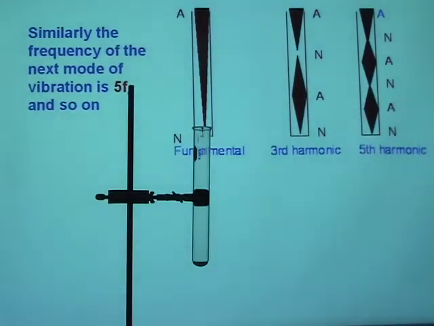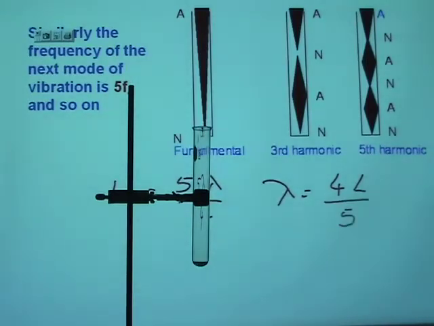So I will be able to write like this. I have L equal to 5 lambda over 4. Therefore, what is lambda equal to? Lambda equal to 4L over 5. Is that right? And the frequency of this mode will be V over lambda, where lambda is this.